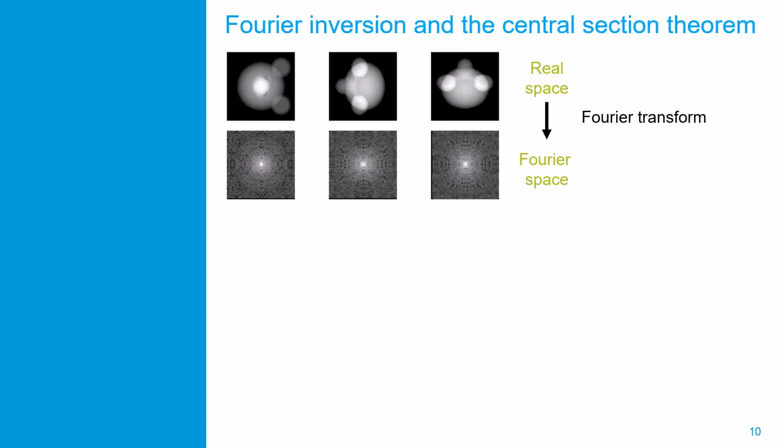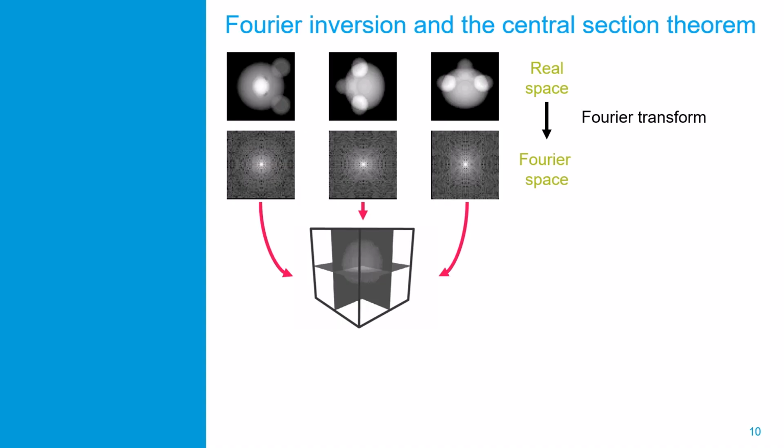Now, if we know the relative orientation of our projection images, then a theorem called the central section theorem states that the Fourier transform of these individual projection images is a slice through the 3D Fourier transform of the 3D object in an orientation perpendicular to the projection direction of the projection image under consideration.